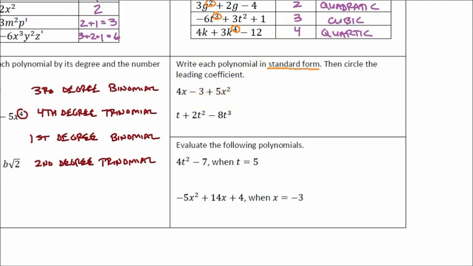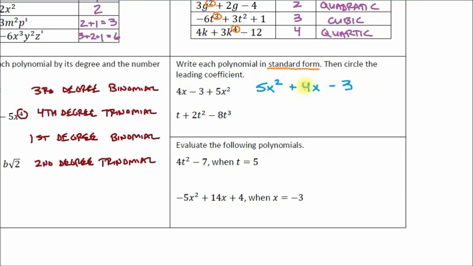So in this case, if we want to write this in standard form, we're going to take the x squared term and put it first. And then we're going to take the x to the first term right here and put it next. And then we're going to put the constant at the very end.